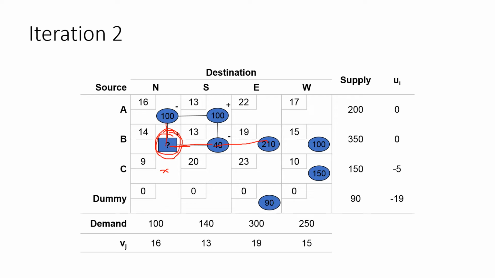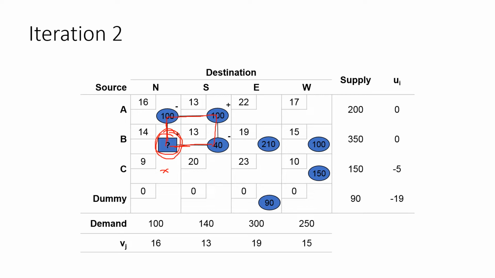So I go all the way back to here, and then I will go up, and then I go left, and I can go down. I close the loop. And by the way, these stepping stone cycles are unique. That means there's only one of them, so there's not multiple ones for the same problem, and you have to be careful how to find them.